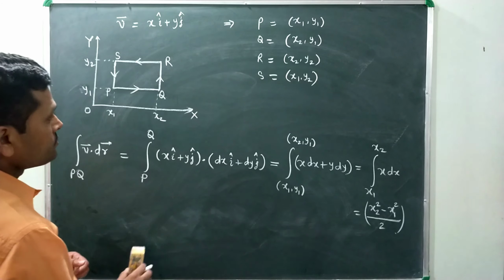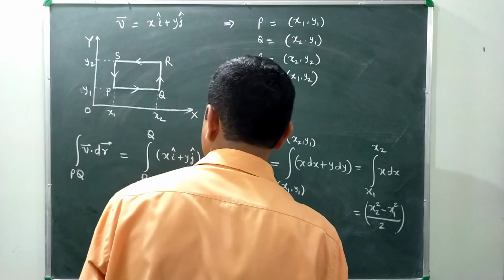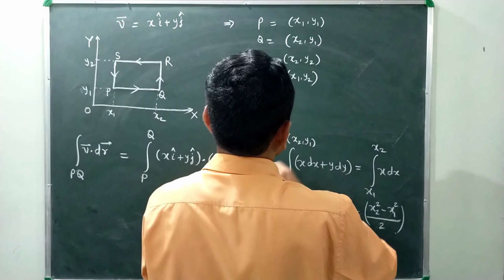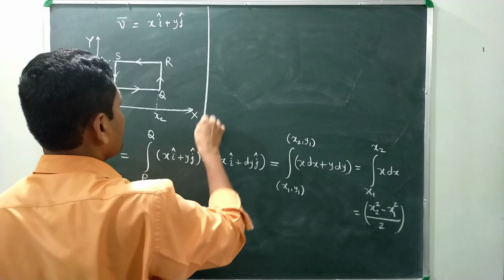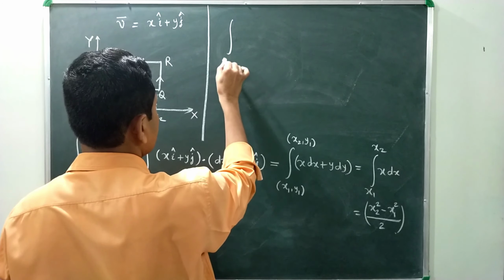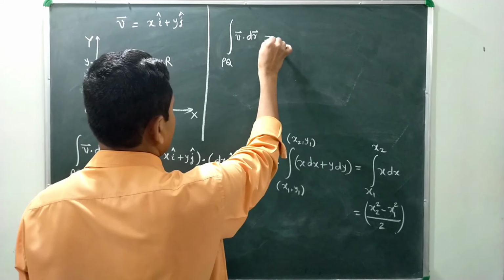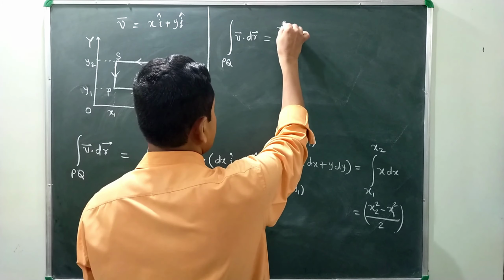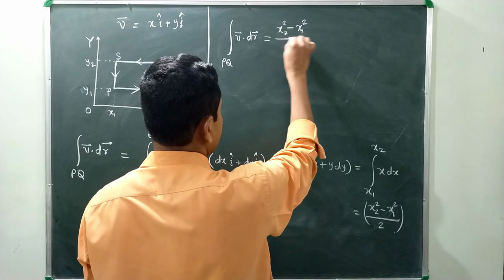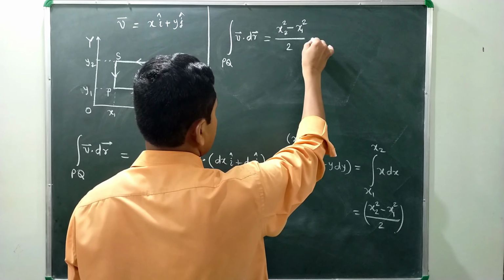This is the value of the first integral: integral of V dot dr along PQ equals (x2 square minus x1 square) by 2.